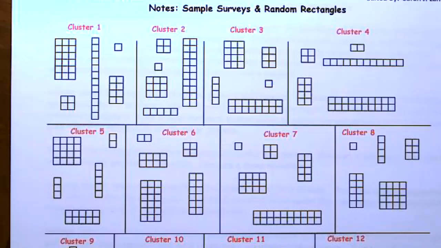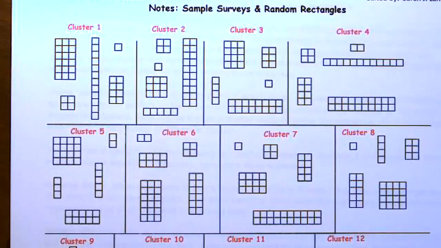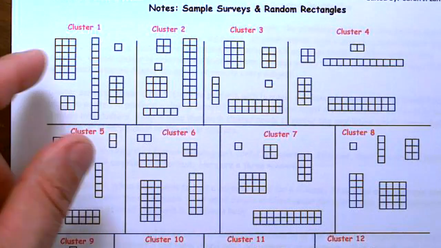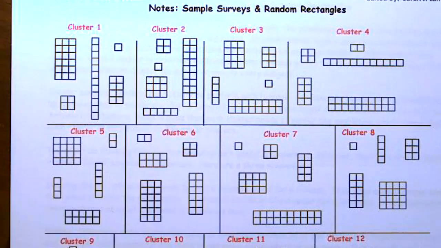The next type of sample, the one we're talking about in this video, is the cluster sample. I've already created the clusters out of our original page of all these rectangles. You will notice each cluster has some big and some small, and hopefully it's broken out as close as possible.